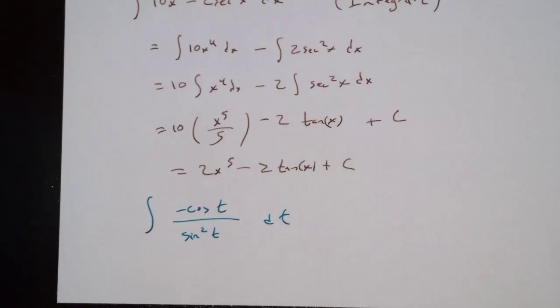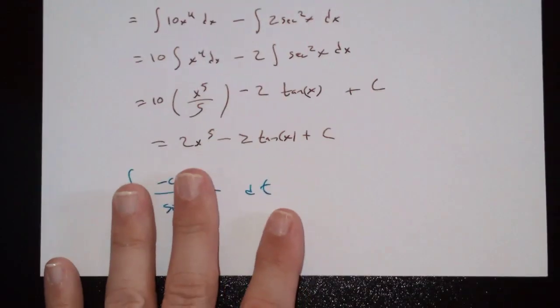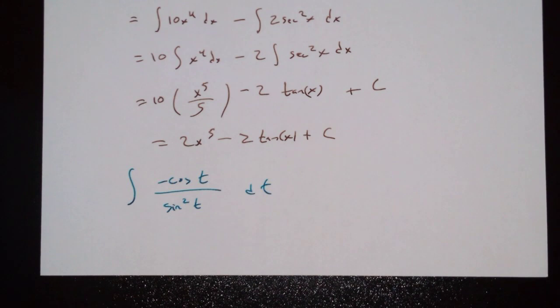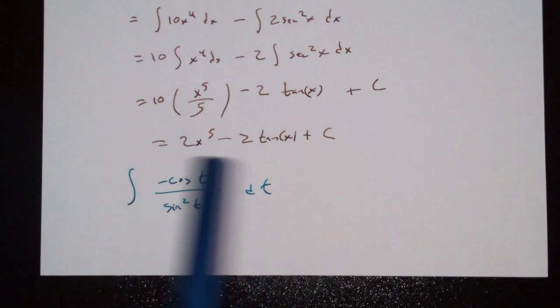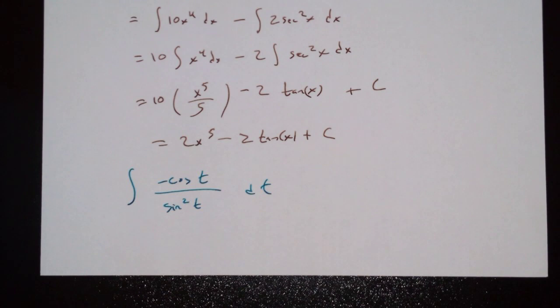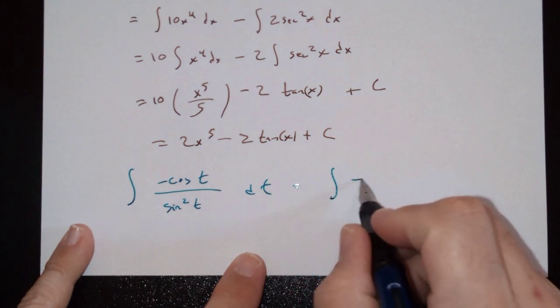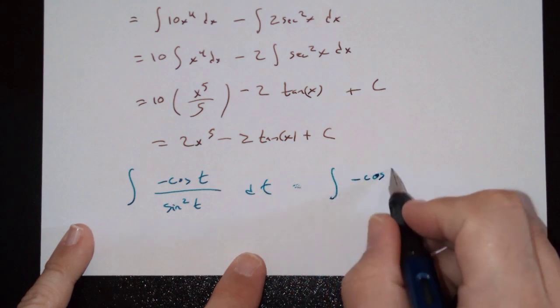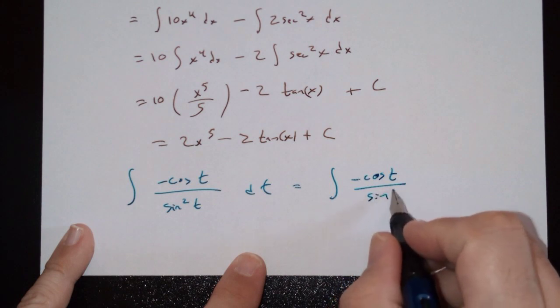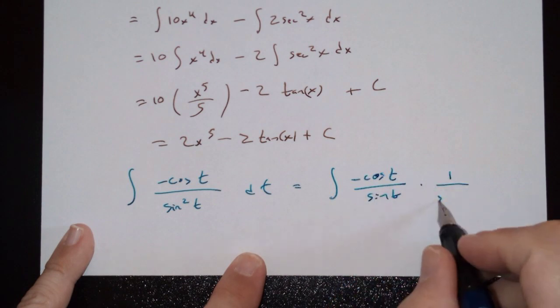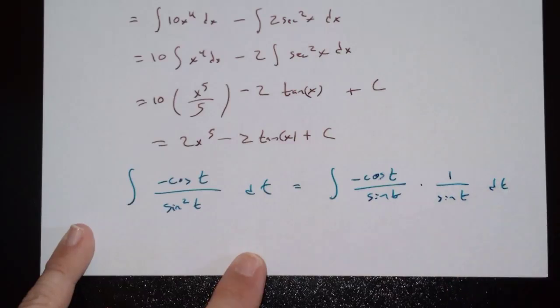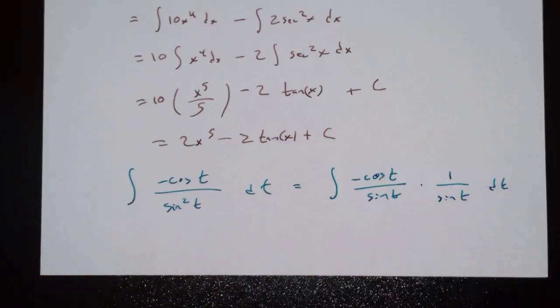So let's do some rearranging. I'm going to take these trig functions and rewrite them in other trig functions. Because if that's sine squared, that's really sine times sine, so I'll split it into two separate sines.